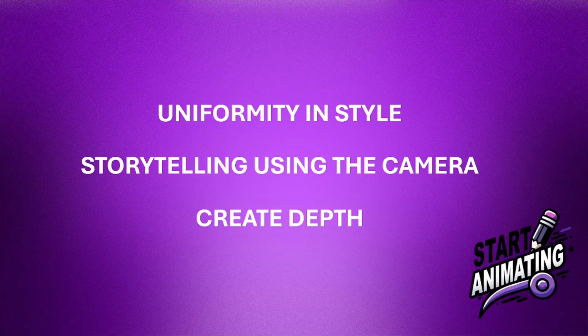So those are the three things. If I could just quickly summarize it, the first is uniformity in style. Make sure the characters all have the same artistic style, and they also artistically match your background, so it looks like one artistic feel for your animation. The second one, storytelling using your camera.